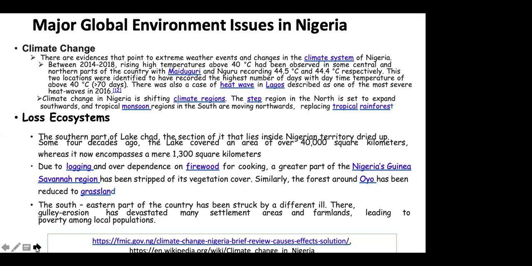But there are some places that get more than 70 days, over 2 months a year, with temperatures above 40 degrees in Nigeria. Maiduguri, Sokoto, and those sides.